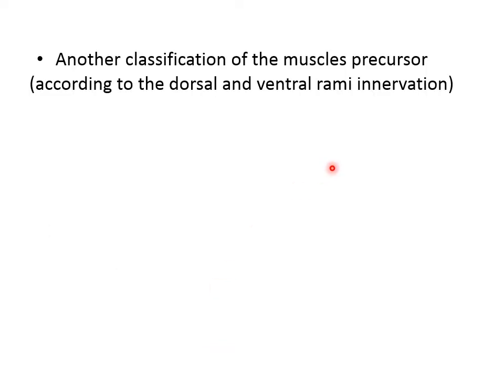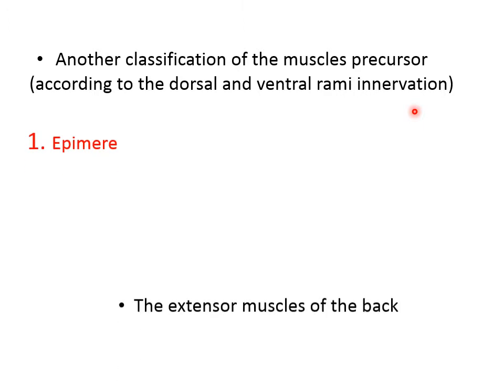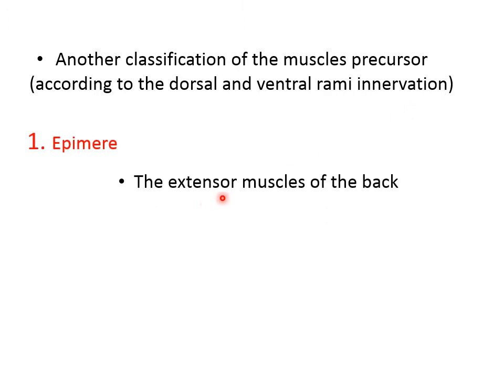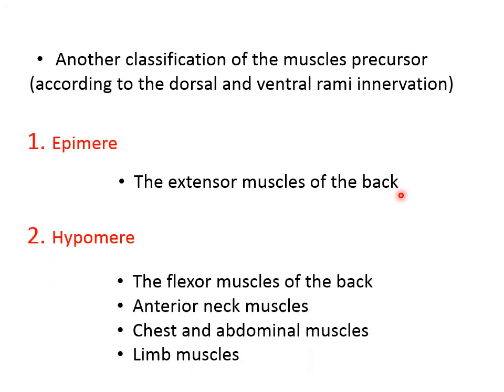So another classification of the muscle precursors, according to the dorsal and ventral rami innervation, is into epimere, which gives the extensor muscles of the back, innervated by the dorsal primary ramus, and the hypomere, which gives the flexor muscles of the back, the anterior neck muscles, the chest and abdominal muscles, and the limb muscles. All of these are hypomere, and they are innervated by the ventral primary rami.